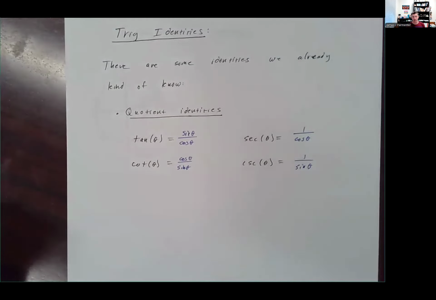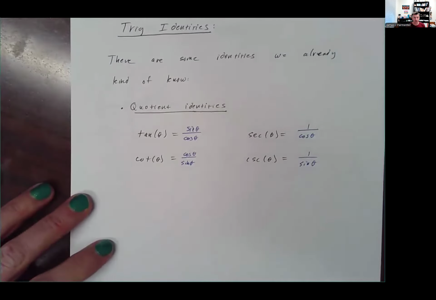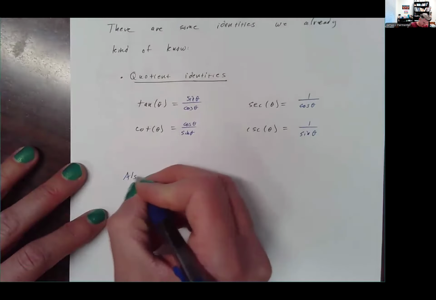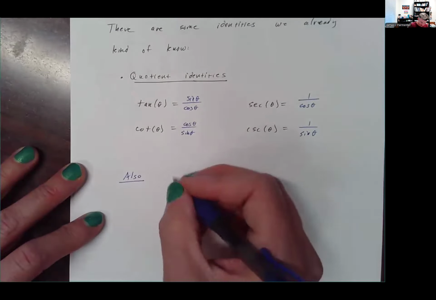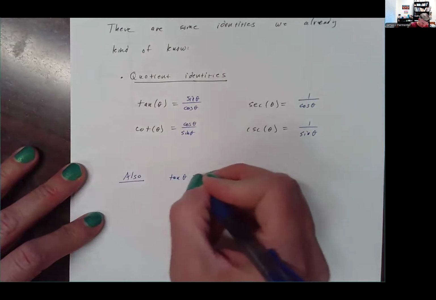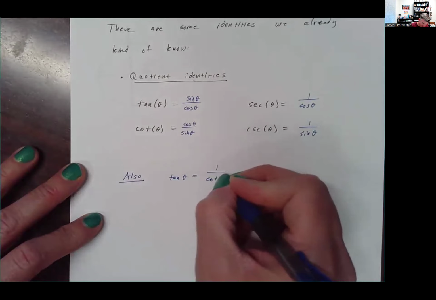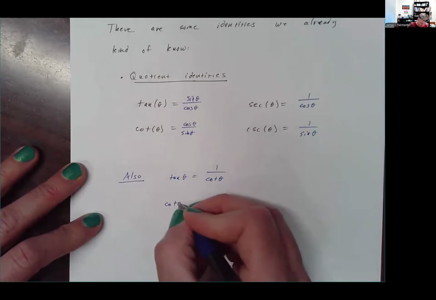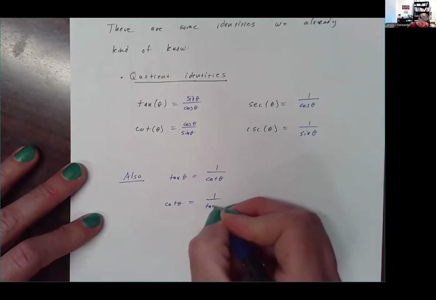These are the ones you probably need to know the most. There's technically a few others, which I will point out. So also, although these are less used, tangent of theta is 1 over cotangent of theta, or the reciprocal of cotangent. Cotangent theta is the reciprocal of tangent.